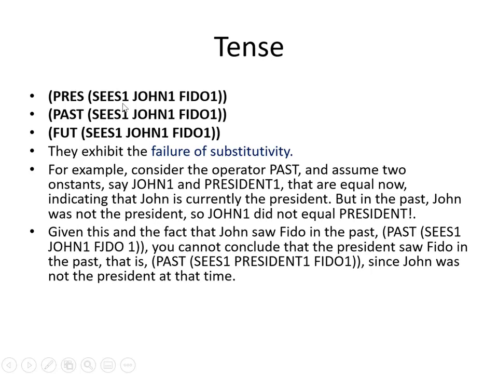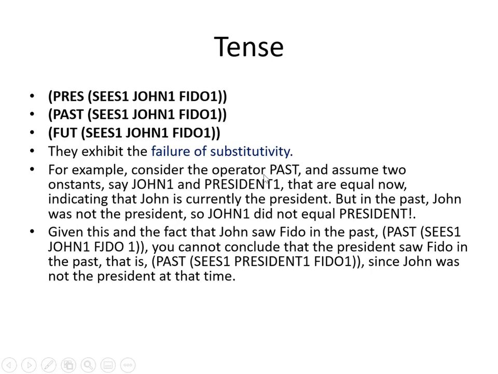You can have sees 1, John 1, Fido 1 in present tense, sees 1, John 1, Fido 1 in past tense, and sees 1, John 1 and Fido 1 in future tense. Here also, if you observe, there is a failure of substitutivity. Why?